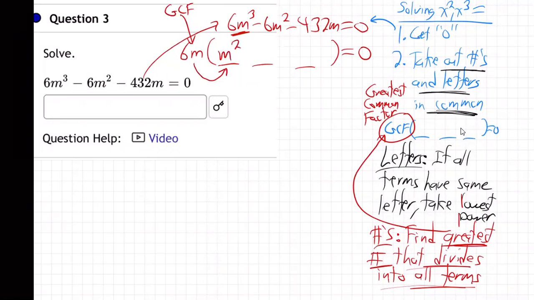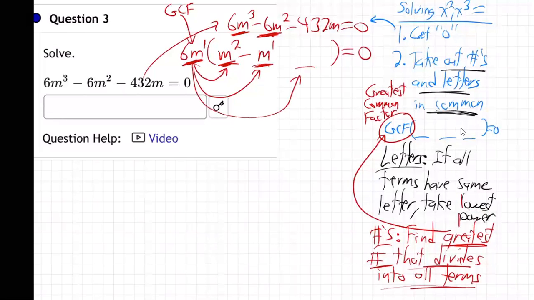Remember, powers add. There's an invisible understood 1 power on that first m. Powers add. And we've already got the 6. 6m times m squared, multiply to go back. What about the next one? 6m times what goes back to minus 6m squared? Minus m to the first, or just m. You don't need the 1. Right? Because 6m to the first times m is 6m squared, because the invisible 1 powers add.